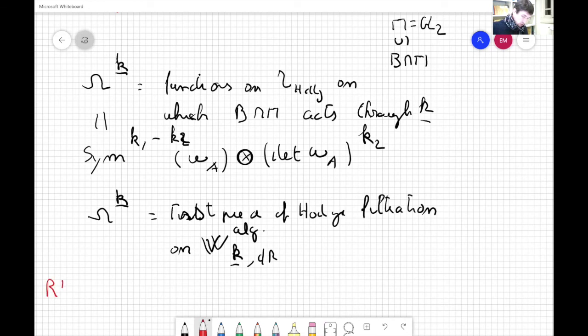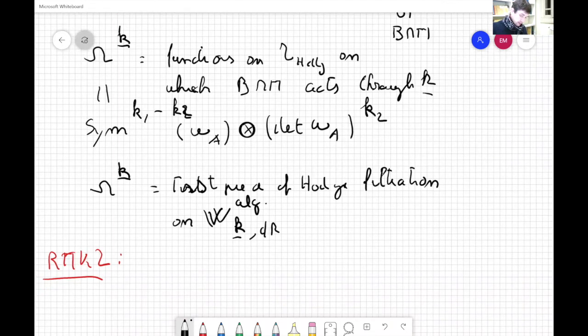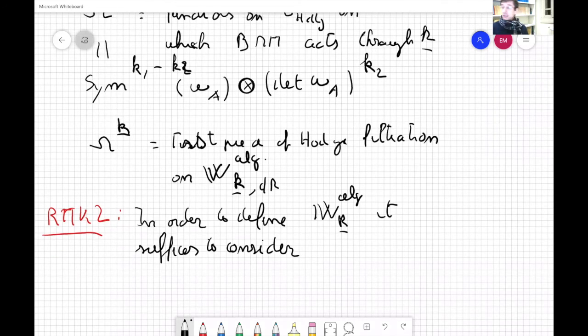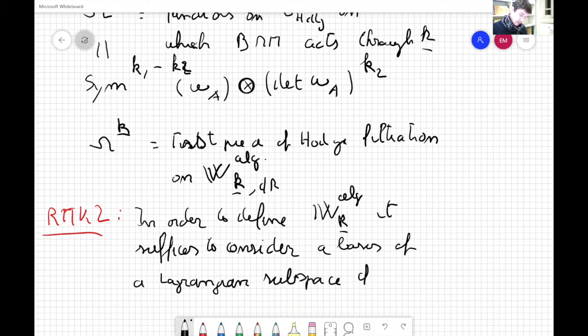And there is a remark two that I want to make that will also play a crucial role later on, that in order to define my spaces V^k algebraic, it actually suffices to consider not simply the torsor that classifies a symplectic basis of the p-adic module or the de Rham cohomology, but to consider a basis of a Lagrangian subspace of T_p A or H_dR.